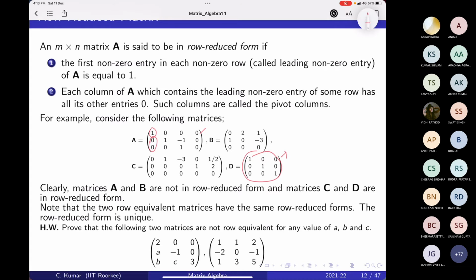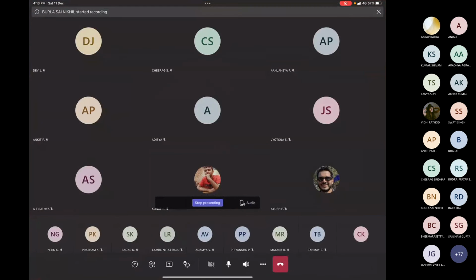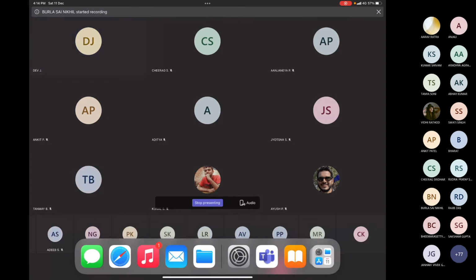Any more questions? Sir, is there a proof that for any given 2 row equivalent matrices, they will always have the same row reduced form? So this is related to the uniqueness question.